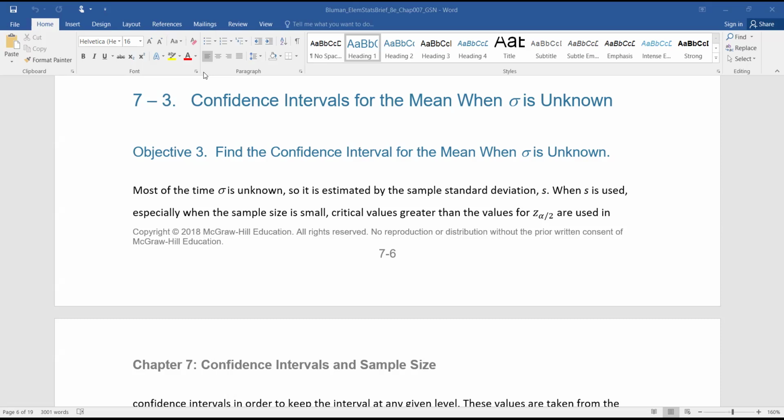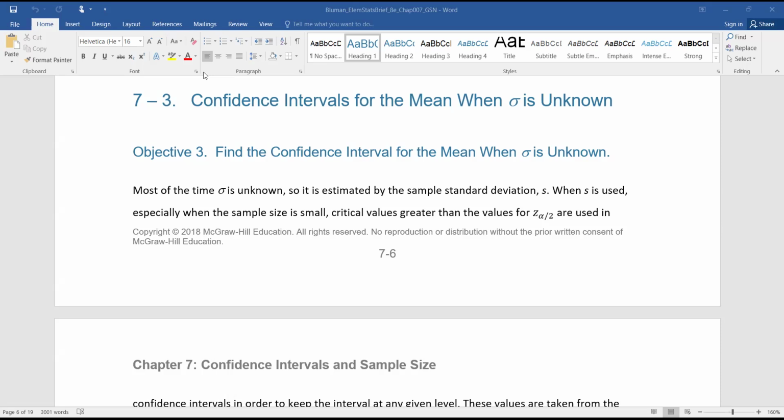Most of the time, the population standard deviation is unknown, so it is estimated by the sample standard deviation, which is again lowercase s.